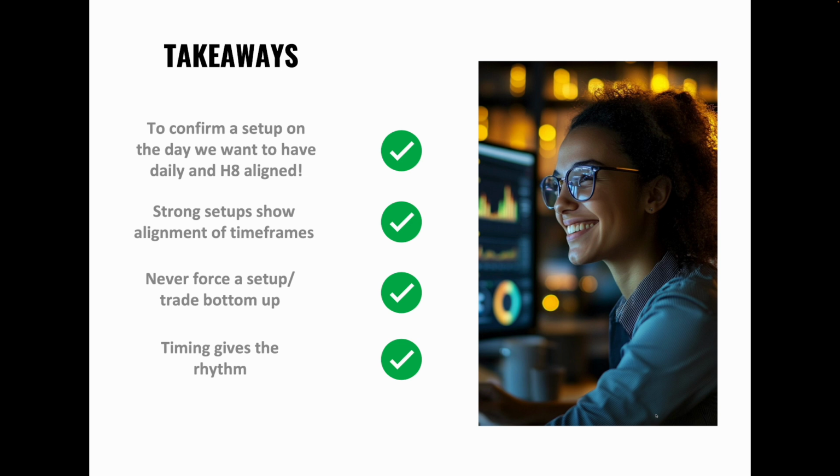Then, very important for me, this is one of the key cornerstones of my system. Also, Stacey stresses this a lot. Timing gives the rhythm, time rotation. So always wait for minimum the 15-minute for your entries, better the M30, even better the 1 hour rotations. So for me, the 1 hour rotation, 10 o'clock into third hour is my sweet spot.